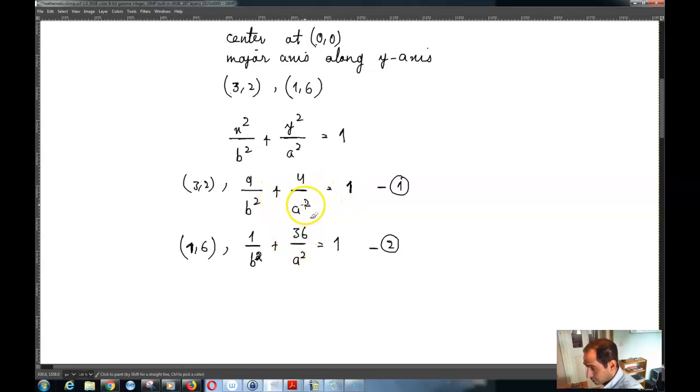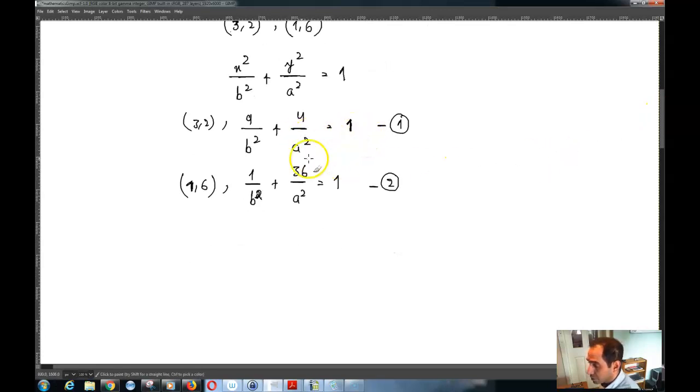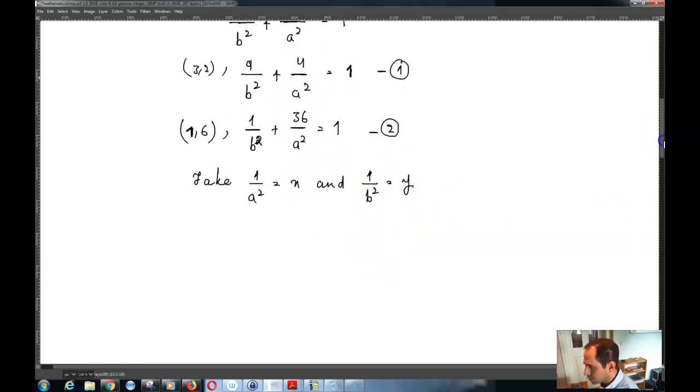Now to solve these two equations, you can form a system of equations, but since the variables are second degree and in the denominator, I do need to do a substitution here. I take 1 by a squared as, for example, x, and 1 by b squared, take it as y, and then substitute it in these two equations.